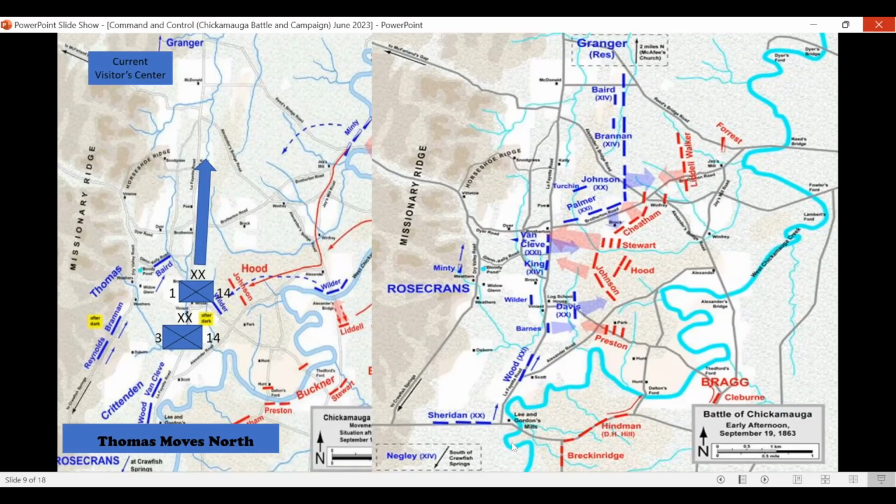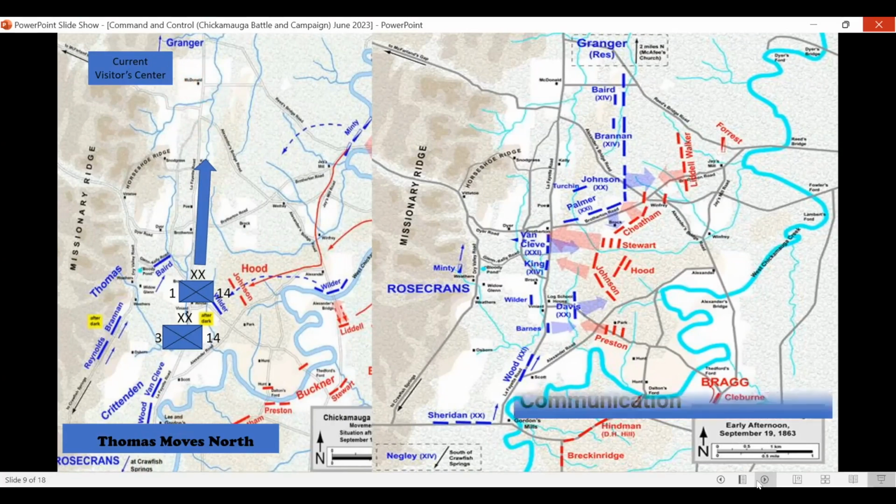And orientation here, folks. This right here is the Lafayette Road, sort of the key artery, I guess, running north and south to Chattanooga in that direction. Crawfish Springs was Rosecrans' headquarters right there, Lee and Gordon's Mills, and McDonald House and McDonald Farm. This is now today the Visitor Center.